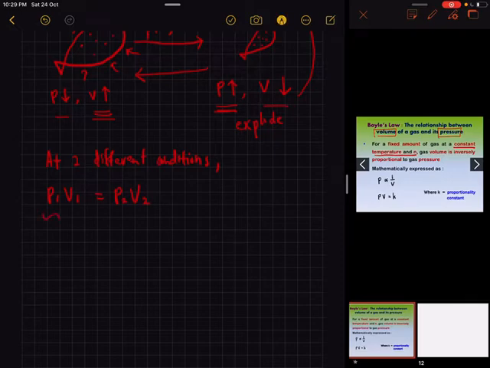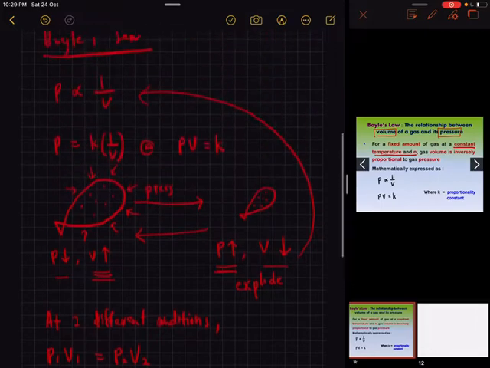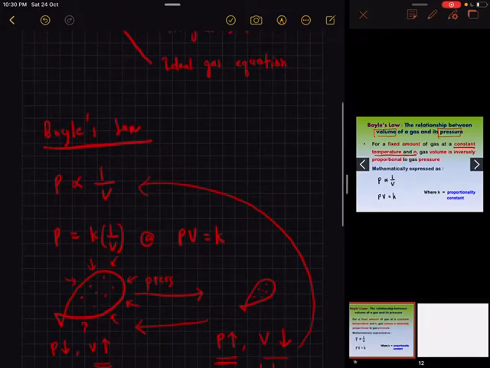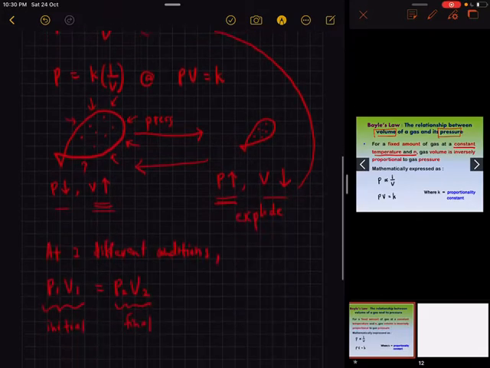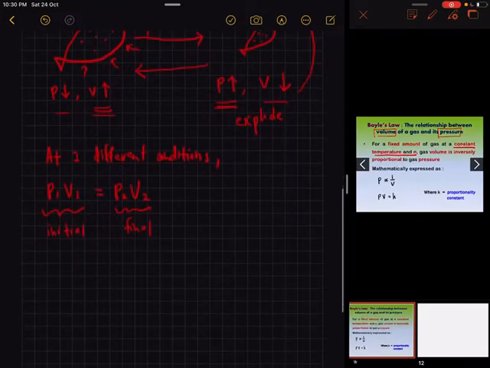Okay, di mana ini 1 is the initial quantities and 2 is the final quantities. Okay, right now, again, the hubungan between pressure and volume tadi, this one must be at constant temperature and N. What is N? N is number of mole. Okay, N is number of mole.